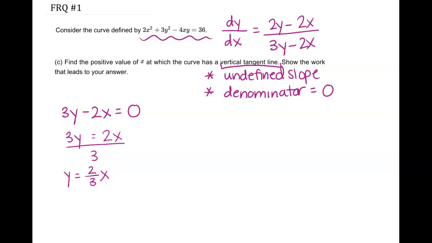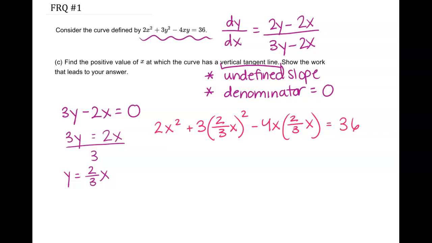So let's do that. So we have 2x squared plus 3 times (2/3 x) squared minus 4x times 2/3 x equals 36. Well, we can just show the step versus doing it all in my head.